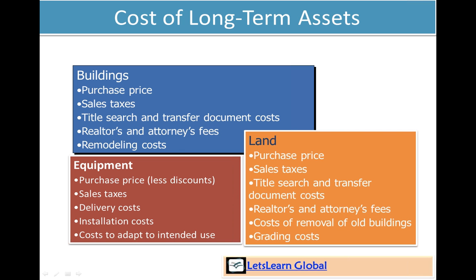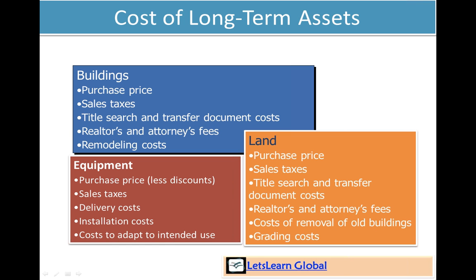In the case of land, very important, MCQs would be asked mostly on land-based questions. Land: purchase price of the land, sales taxes or purchase taxes, whatever you pay, registration, etc. Title search, transfer document costs, realtor's fee, lawyer's fee, cost of removal of old buildings.